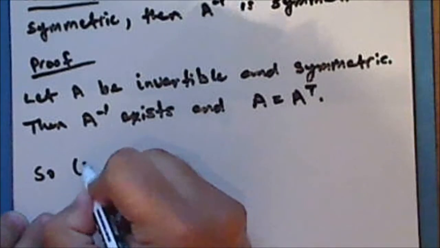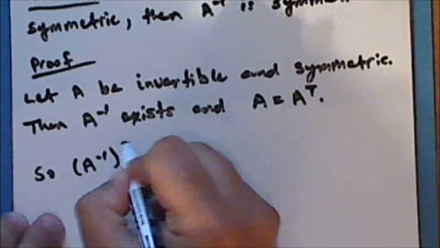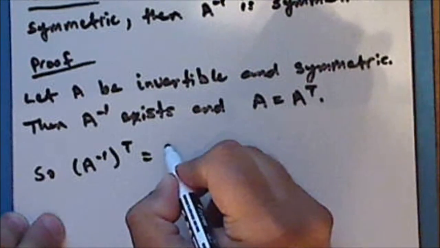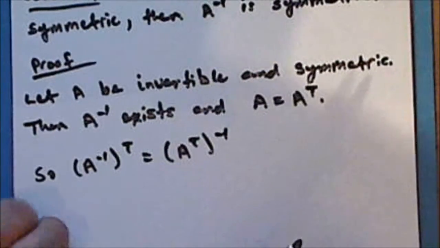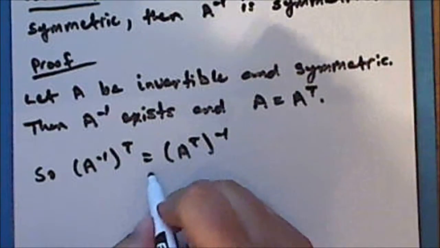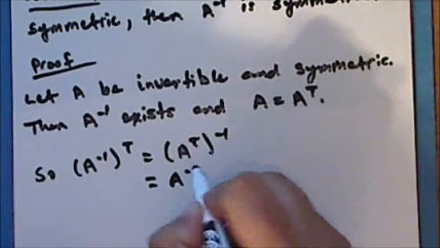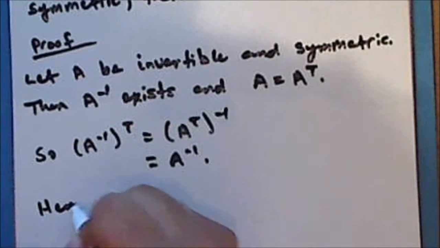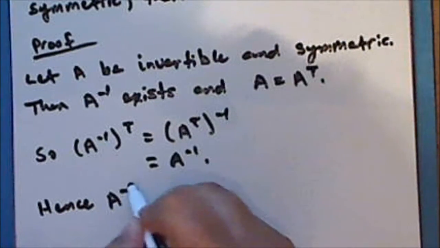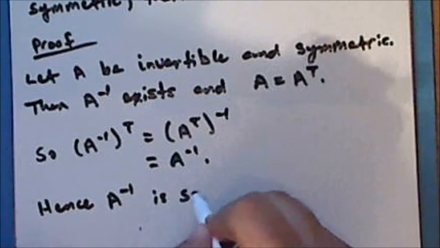And so the transpose of A inverse, which is the inverse of A transpose, where A is equal to its transpose, is equal to A inverse, and hence the inverse of A is symmetric.